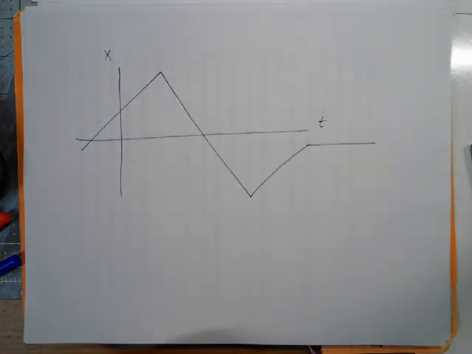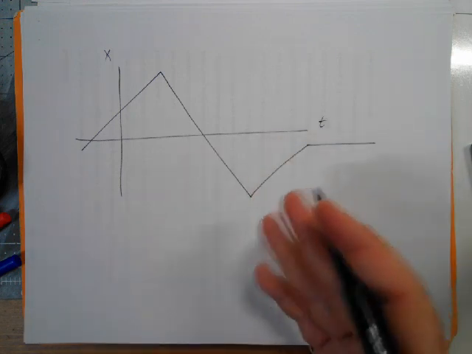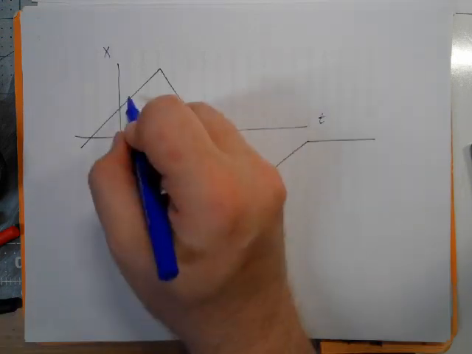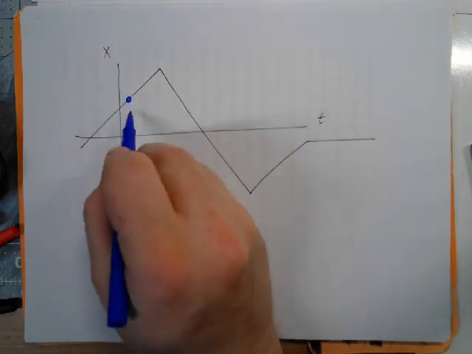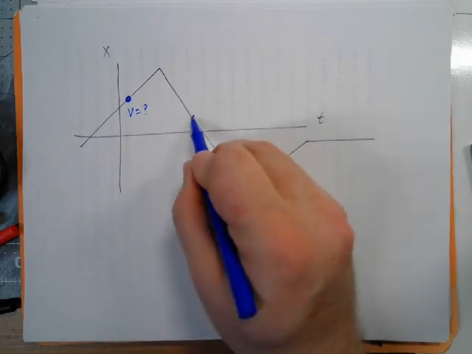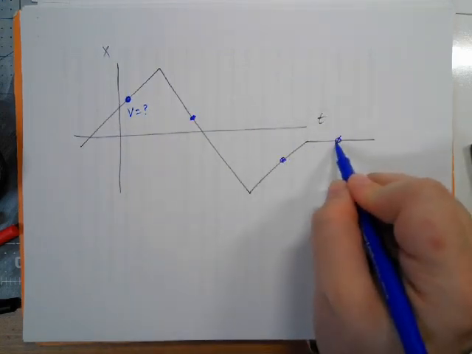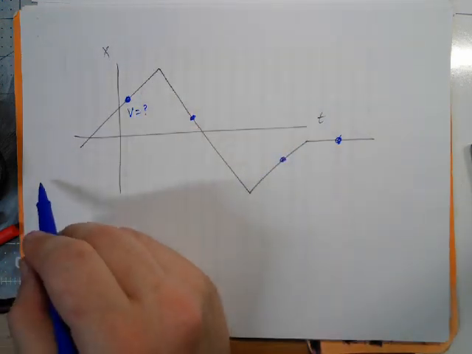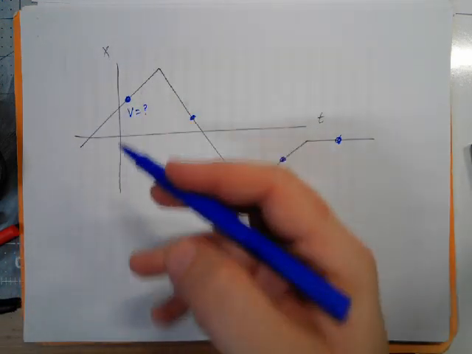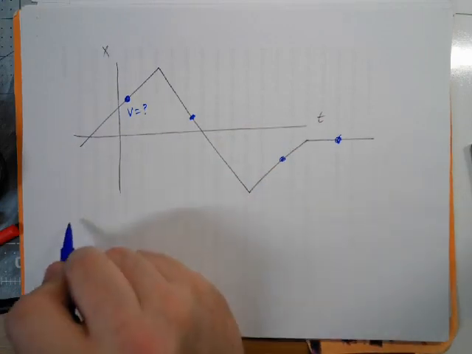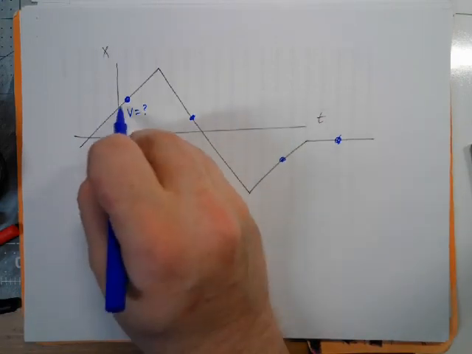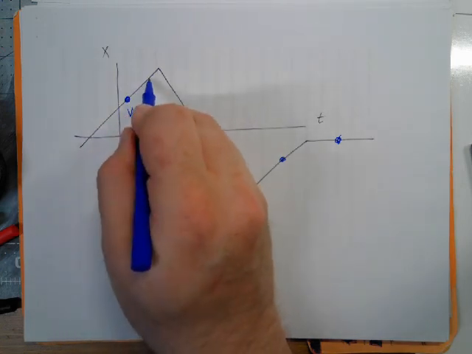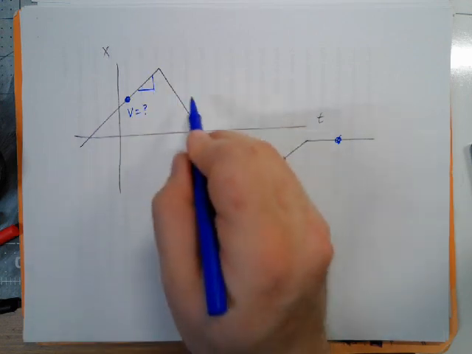If we want to inspect this and read off the values at particular points, and we want to know what the velocity is here, and maybe here, and here, what we have to do is figure out what is the tangent line to those points. And for stuff that's linear like this, it's going to be rise over run. There's some value that you can read, and some other value you can read, and you can do rise over run for these.